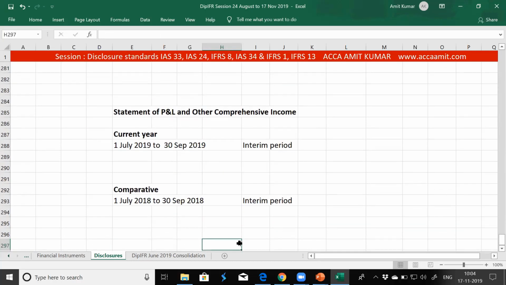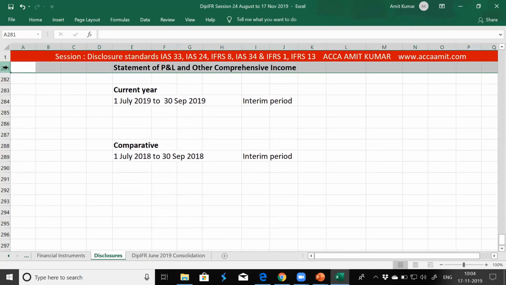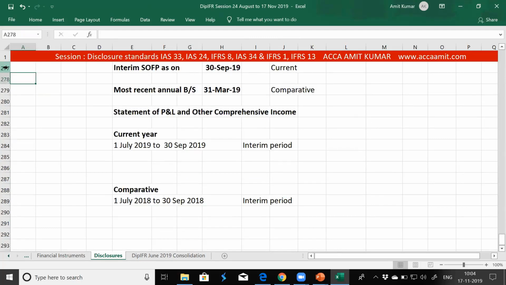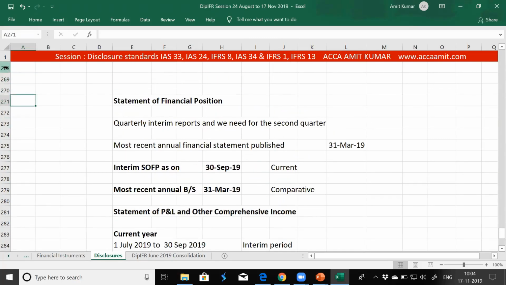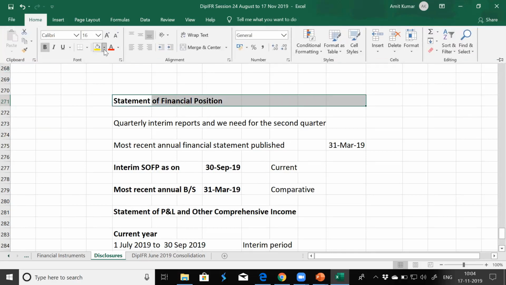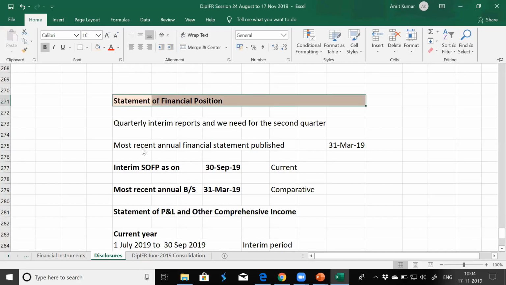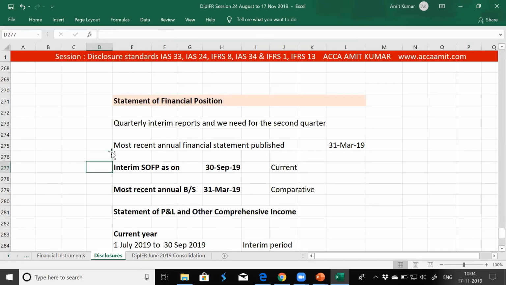For a period, we need to match it with the period because there is a seasonality and cyclicality of operations. We do well in certain seasons. So there is a difference in presenting a balance sheet and presenting an income statement. For balance sheet, it doesn't matter whether it is winters or summers, but for income statement, it does matter.